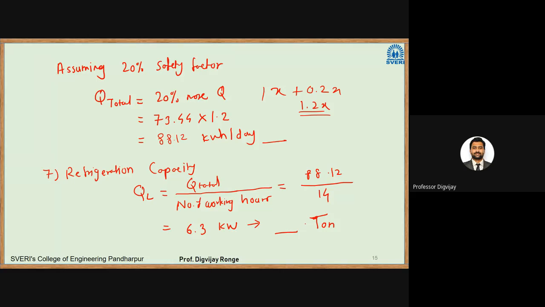Okay, so I have one answer, 1.79 tons. So that will be your total refrigeration capacity, right? So thus we have calculated the total refrigeration capacity.